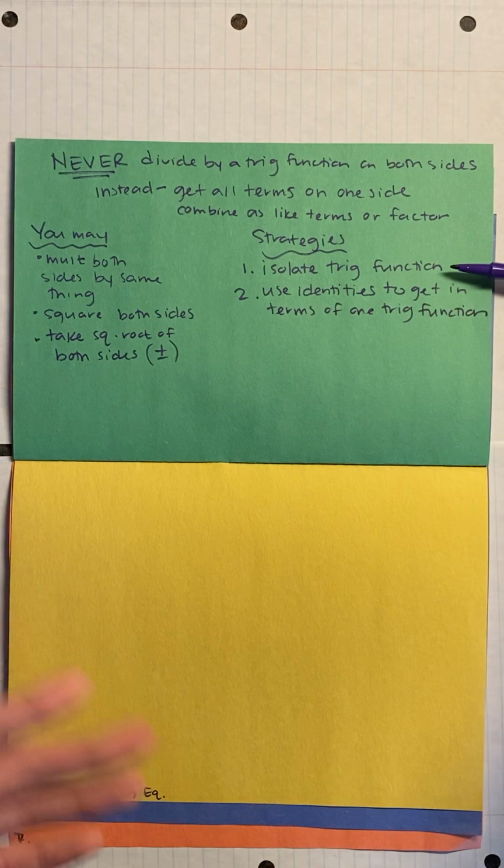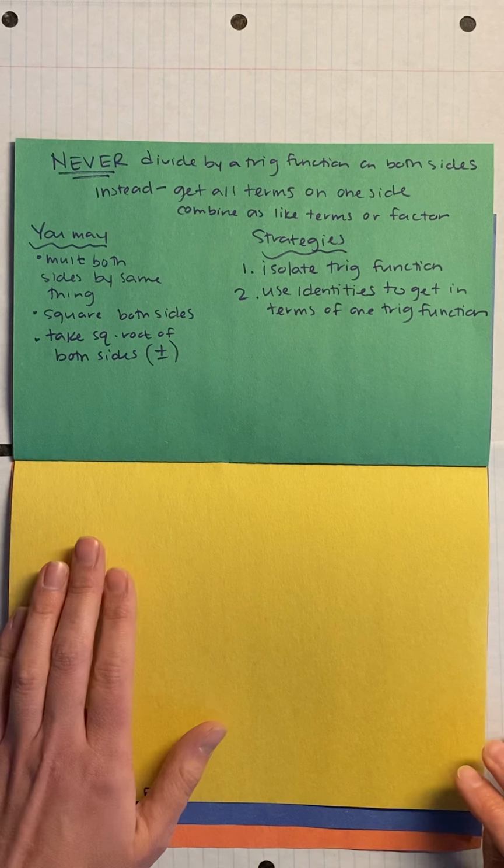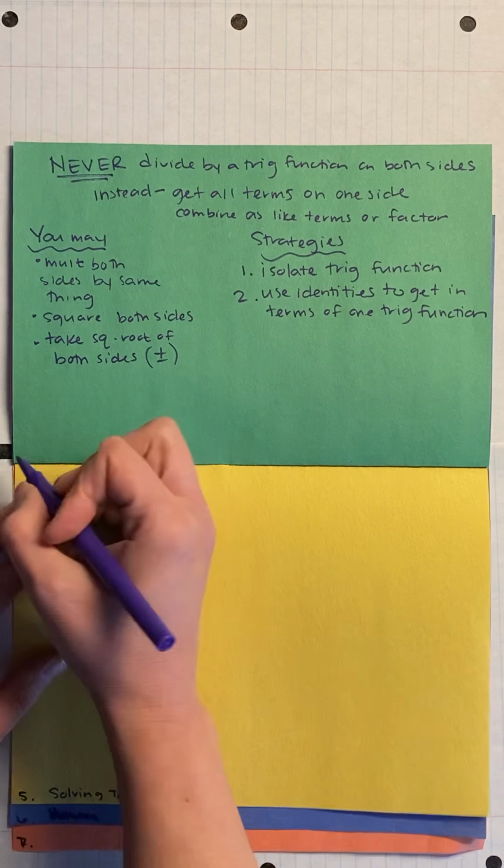So strategy number one is just basically just isolating the trig function in the same way that you would isolate a variable. The second one brings in the stuff that we were doing with the fundamental identities, kind of doing some of the swaps and some of the simplifying to make the equation as simple as possible. So down below, we're going to take a look at some examples.